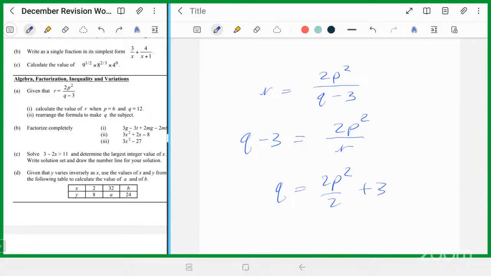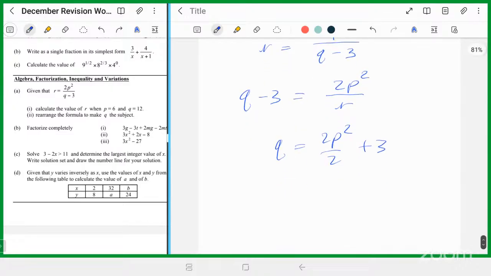I'm not saying that's the only expression it could be, because it could be done another way that ends up with Q equals 2P squared plus 6 all over R. It could end up with that as well, and maybe even some other forms. But that is basically it.